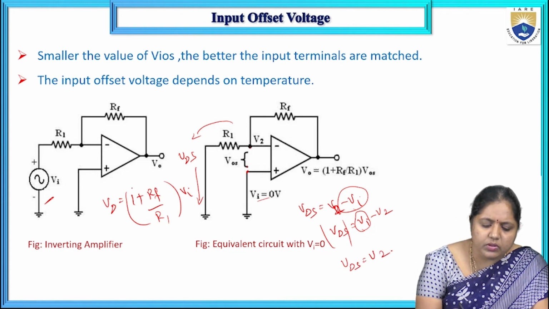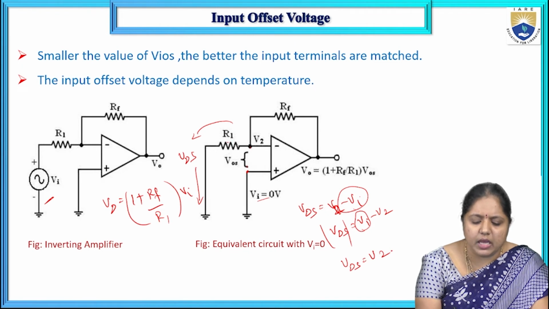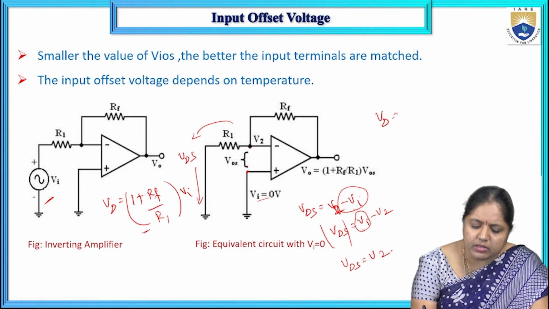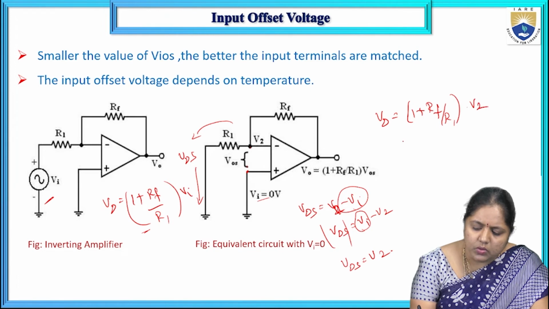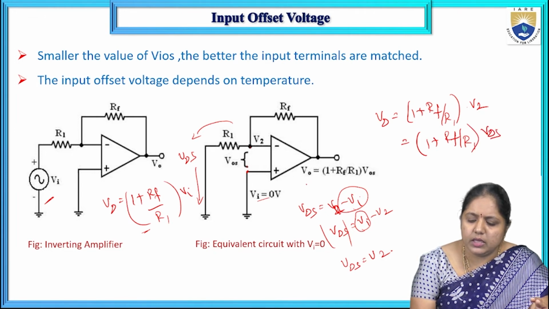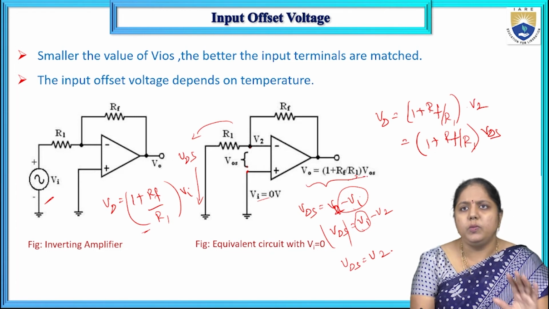Okay, that V2 is nothing but the voltage across this resistor R1 itself. So based on this expression, I can rewrite this equation as 1 plus Rf by R1 into V2, which is equal to 1 plus Rf by R1 into VOS. So here I am getting the output voltage, this is the output voltage.